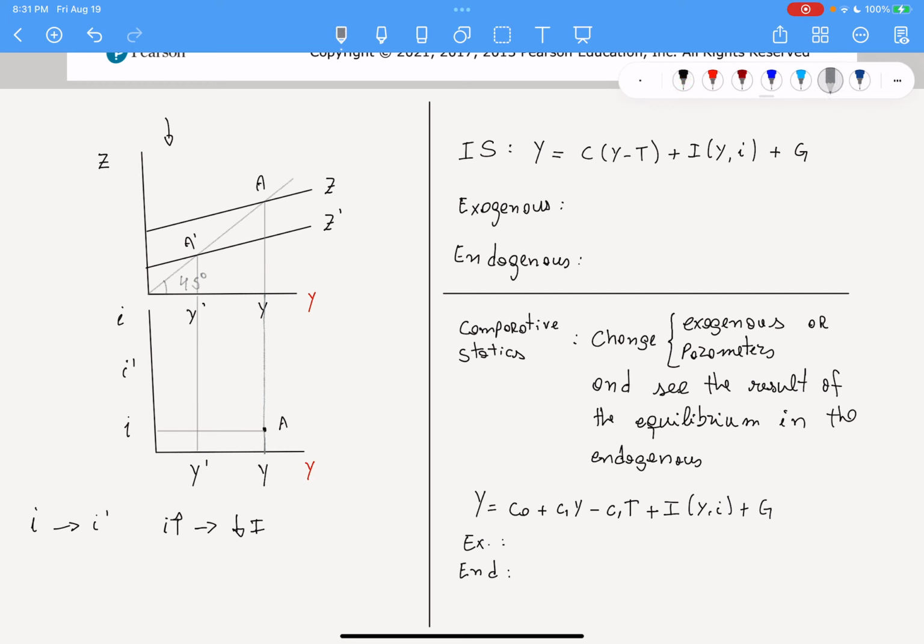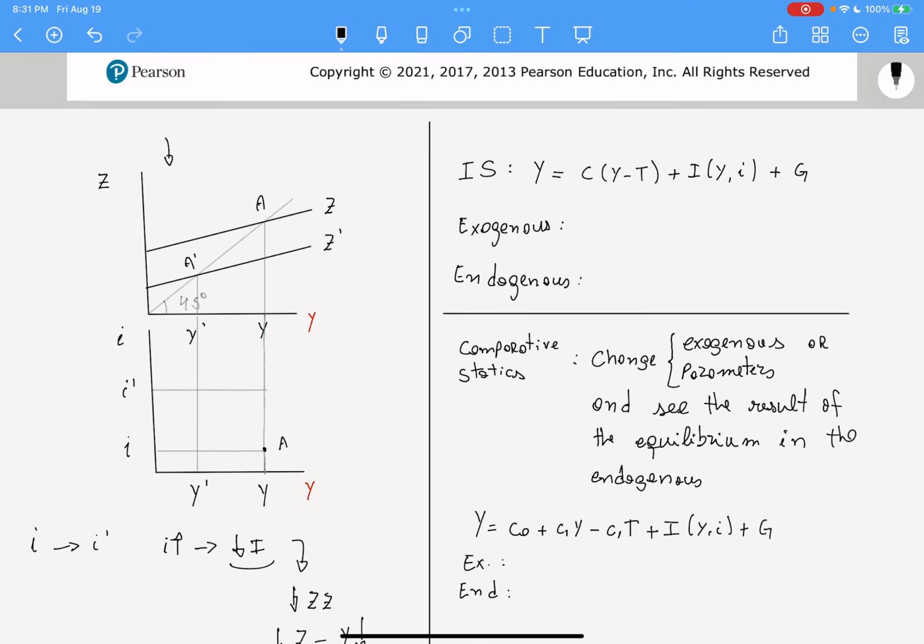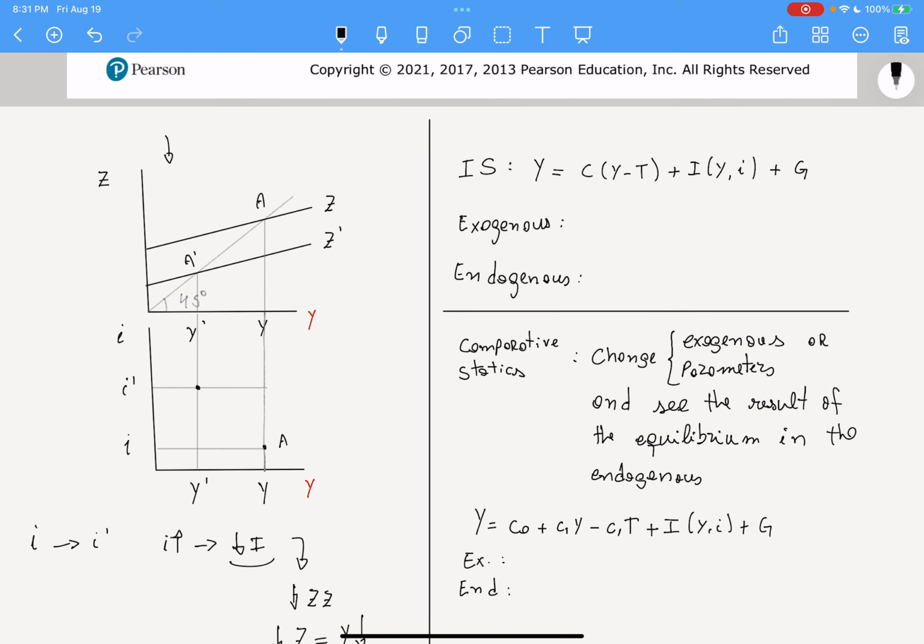It's a higher level. However, this higher interest rate brings down the investment, which makes ZZ go down, and the equilibrium is Z equals Y. If Z goes down, Y must go down.